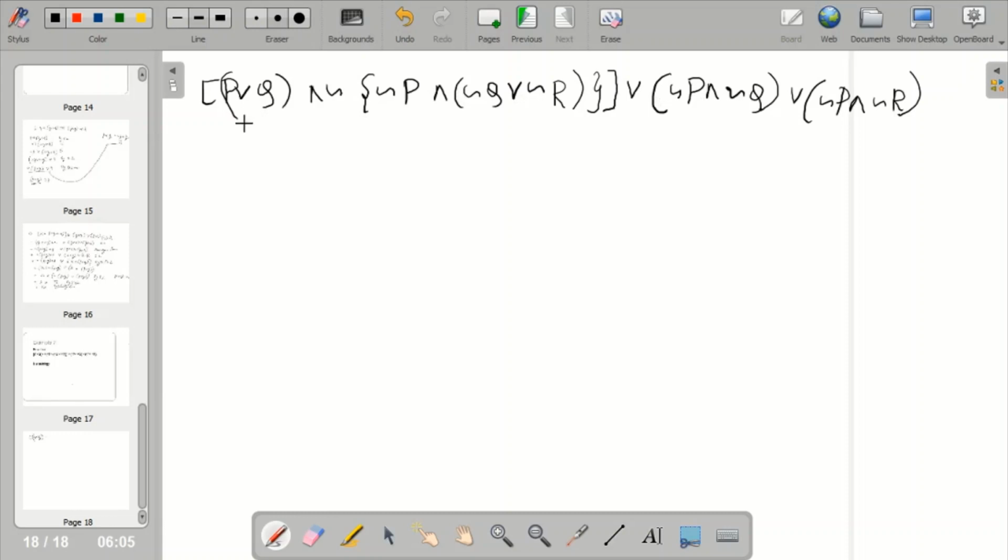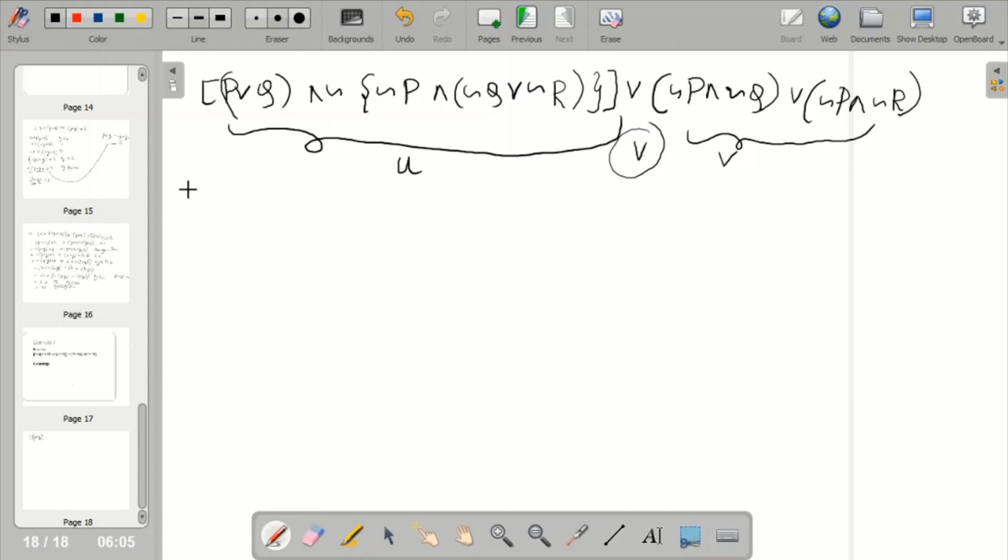Now let us take this till here as U, and let the OR symbol be there. This you consider as V. So we'll solve the U section first.